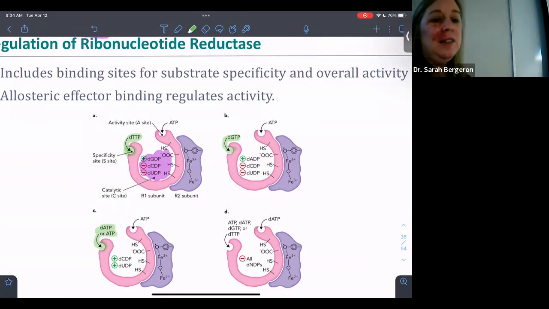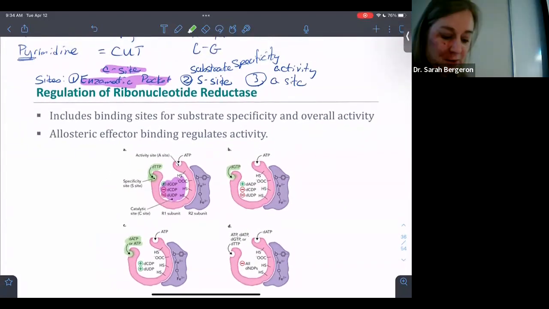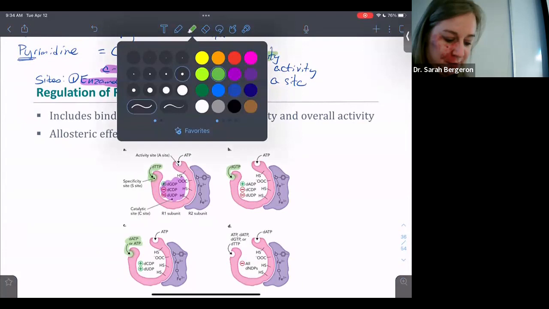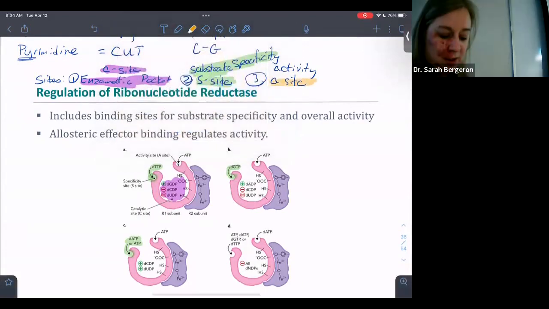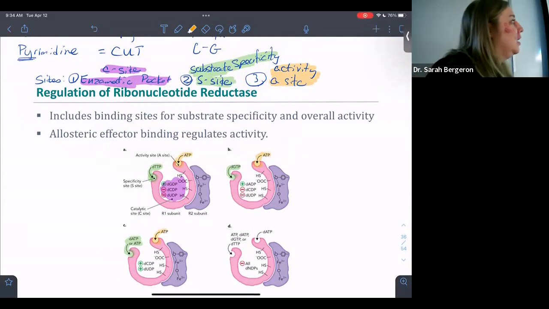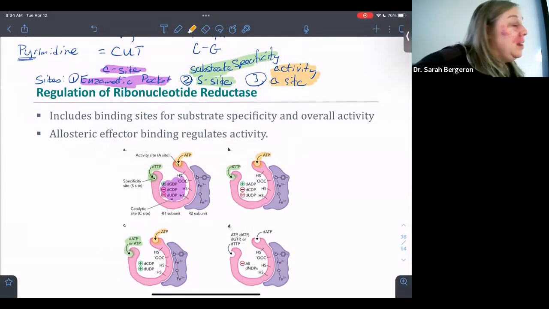Look at A, B, and C. Do you see a third pocket? What's the third pocket? It's the activity site. So here's the third pocket. What binds to the third pocket in A, B, and C? ATP.